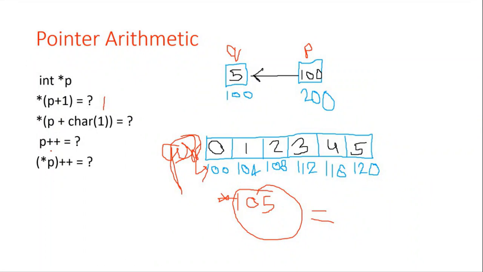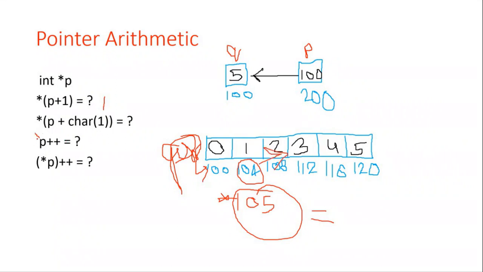What is p plus plus? P plus plus means we increment the address by 1. Suppose we are here at 104, and 1 means 4 bytes. We go here.